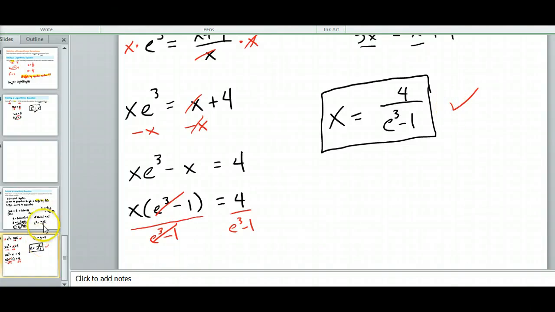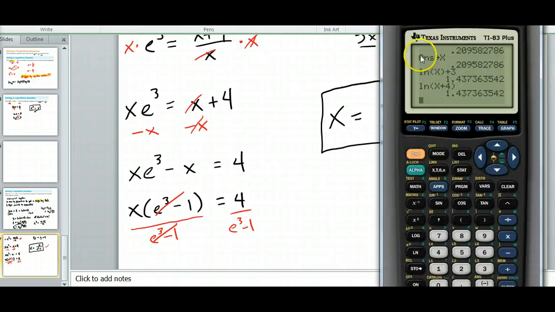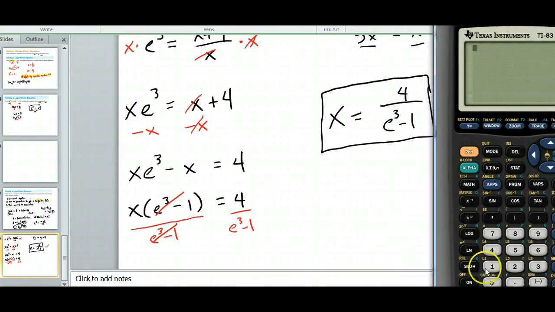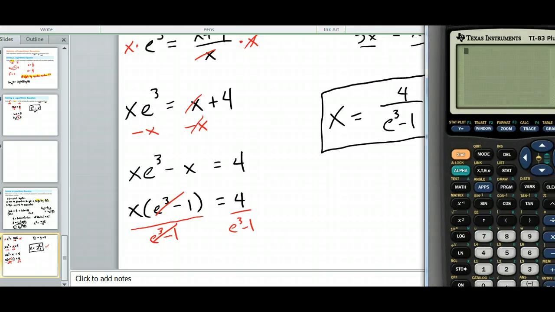Now, this technique I use on the calculator is a great tool. Let me just run through it again. 4 divided by parentheses, the entire answer, e to the third power minus 1. Close your parentheses. All that's in the denominator. That's our x.